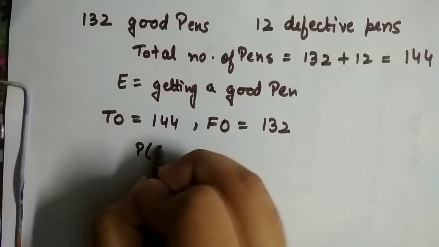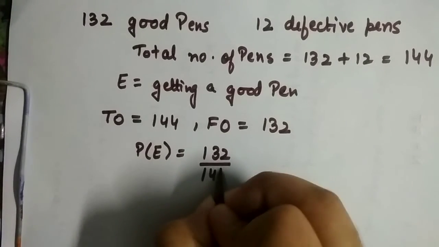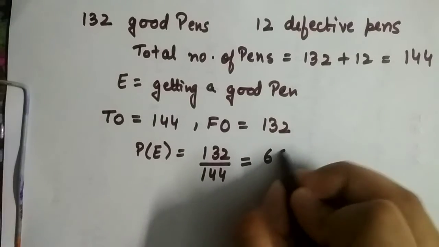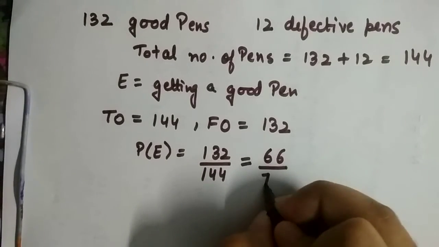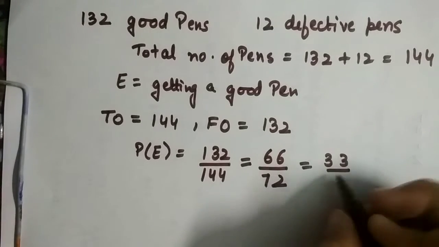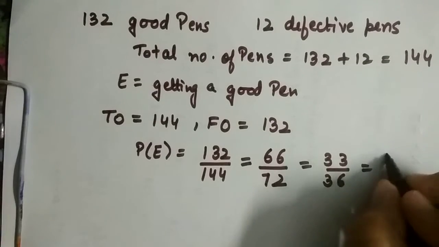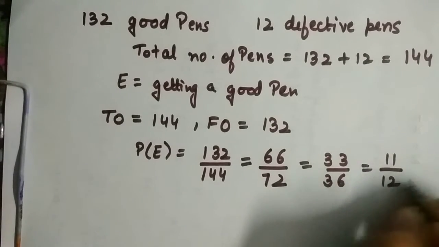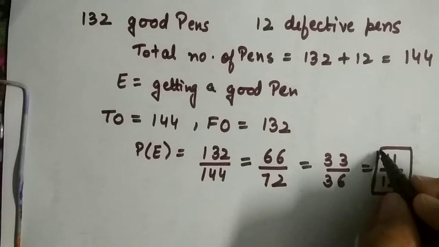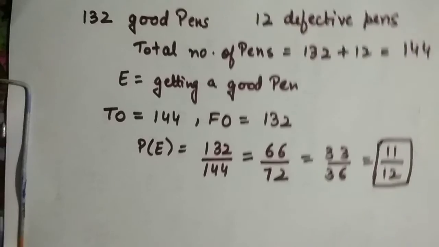So the probability of the event is 132 upon 144. Reduce it. So this is the answer.